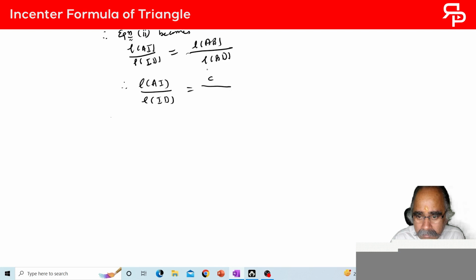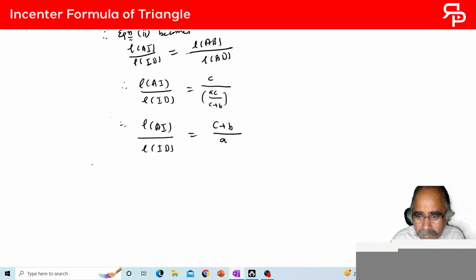And length BD we got as AC upon C plus B. This C plus B will go up and the c will get cancelled. Therefore, length AI upon length ID is equal to C plus B upon A.